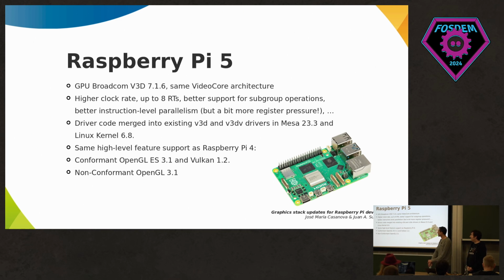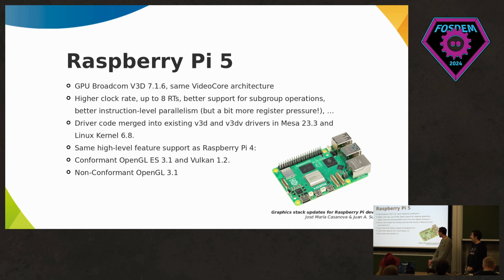It has better support for subgroup operations, which is interesting for Vulkan. And it provides a lot of changes at the instruction level parallelism, so it allows more compact shaders, which run faster. The drawback is that it has a bit fewer registers, so it suffers a bit more register pressure.